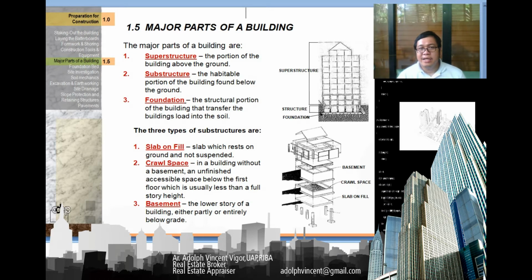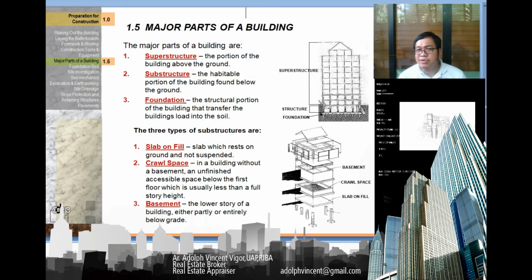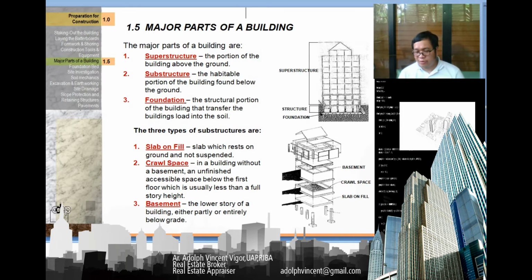Then we have the substructure, the habitable portion of the building found below the ground. So if this is the superstructure, this is the substructure here. An example of that would be some malls, for example, when you go down, you can see some more shops.